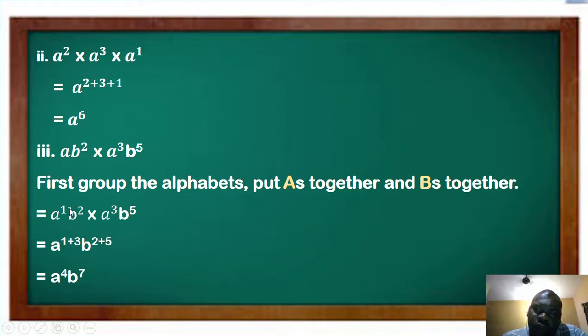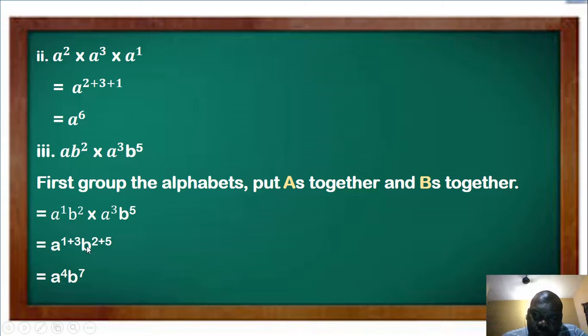So we have a raised to power 1, b raised to power 2, times a raised to power 3, b raised to power 5. Like we said, we should group the alphabets. So for a, we have 1 as the index of a here, then we have 3 as the power of a here. So a raised to power 1 plus 3.